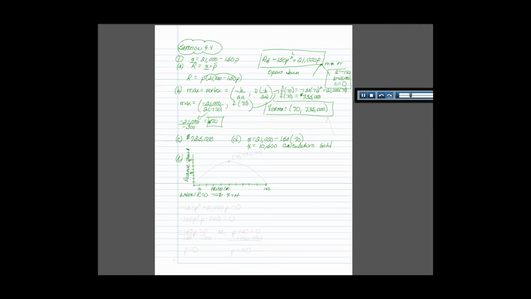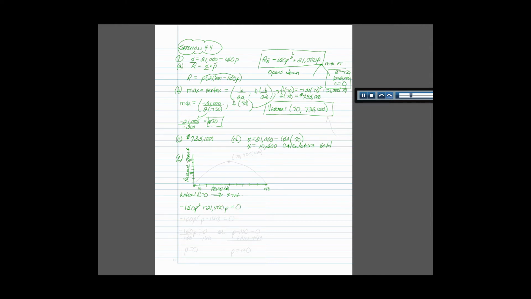So we want to know what those x-intercepts are. Meaning the x-intercepts, when the price of the calculator is 0, the revenue will be 0. So we want to know, when is negative 150p squared plus 21,000p, when is that 0?